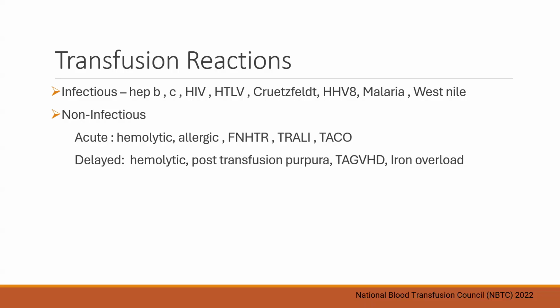In non-infectious reactions, it is divided into acute and delayed. Acute reactions occur within minutes to 24 hours, and delayed may occur after 24 hours, in days, months, or even years later. In acute reactions, there are different types: hemolytic, allergic reactions, febrile non-hemolytic transfusion reactions, transfusion-related acute lung injury, and transfusion-associated circulatory overload.